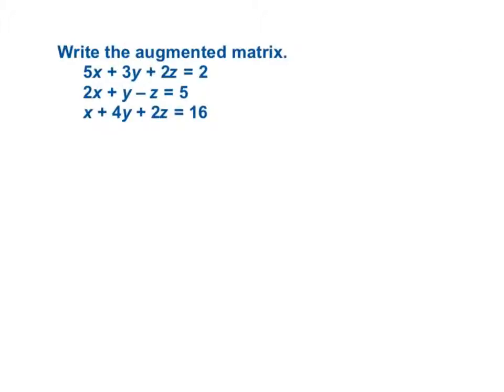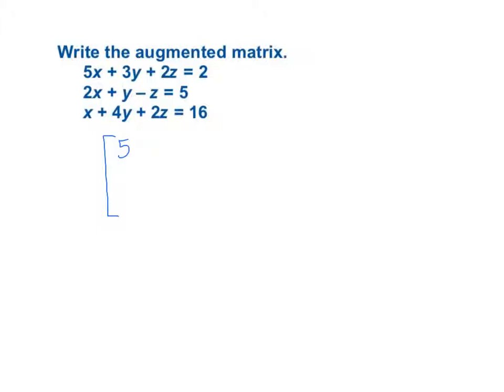So basically what I want you to do at the end of this video is to be able to write the augmented matrix. We're going to spend time in class learning how to enter the matrices into your calculator. There's a matrix function, but for the first part I want you to write the augmented matrix. And to me it's easier to write them in rows, but I have some that'll write them in columns.